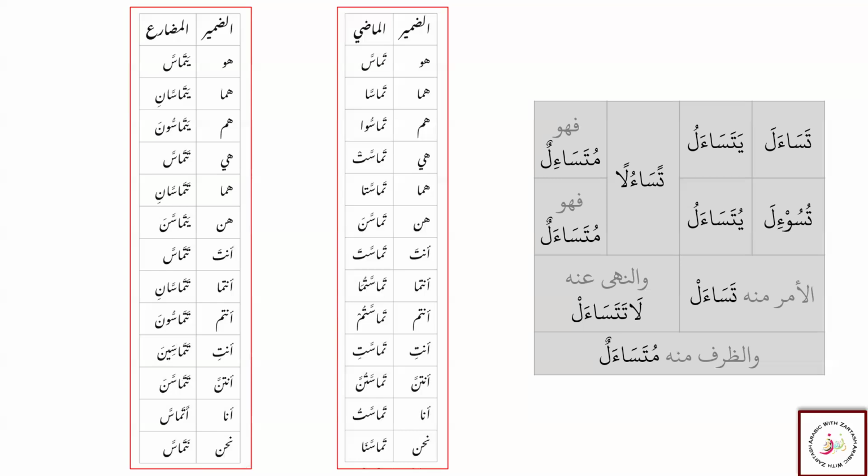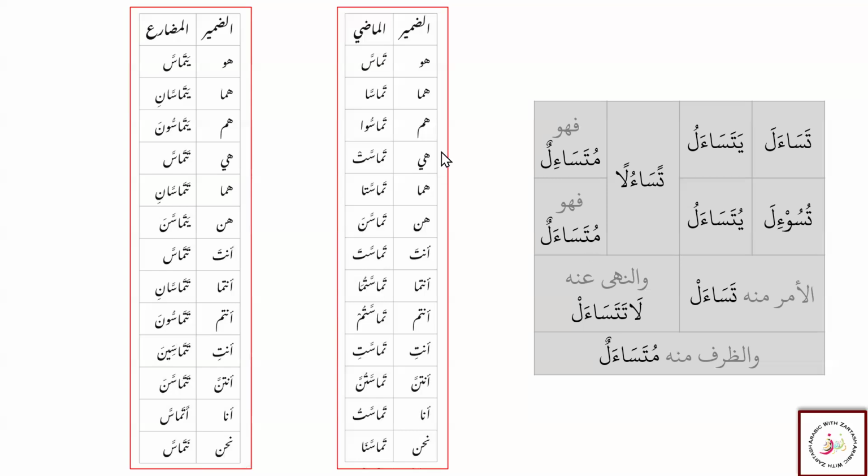So it is all going to happen like this for faili mudare. Then we saw that for the family of tasa'ala we have the root letters mim, seen, and seen.